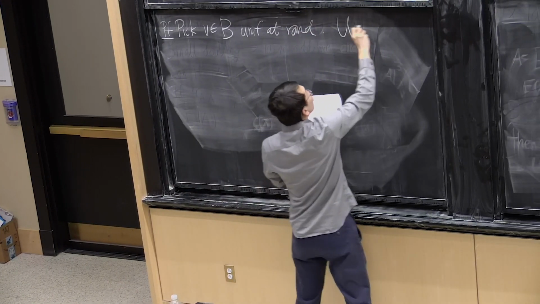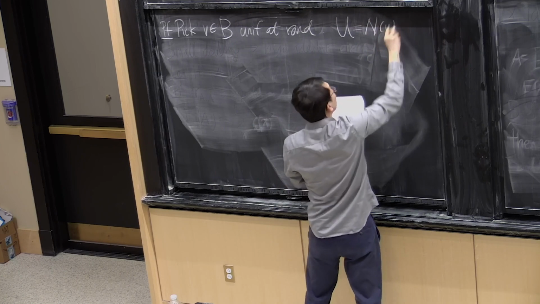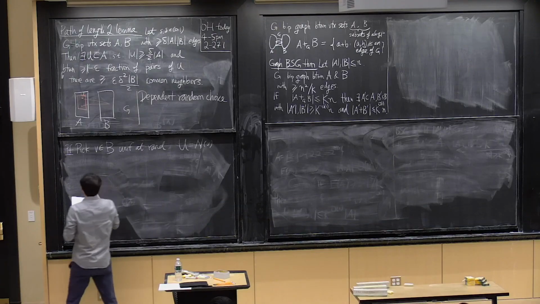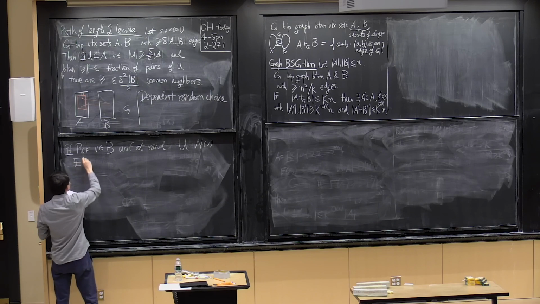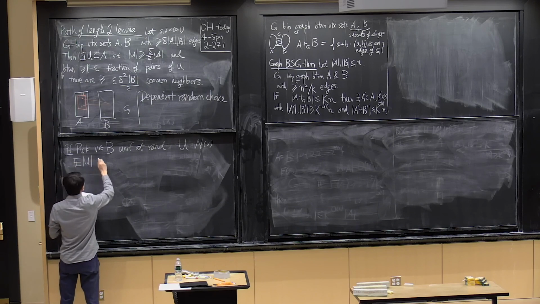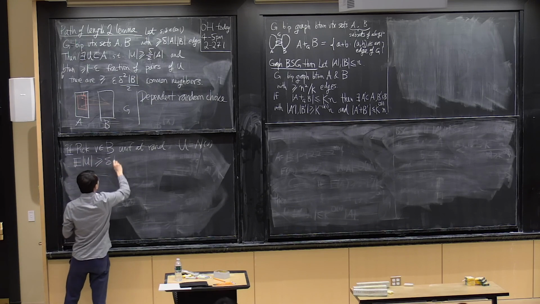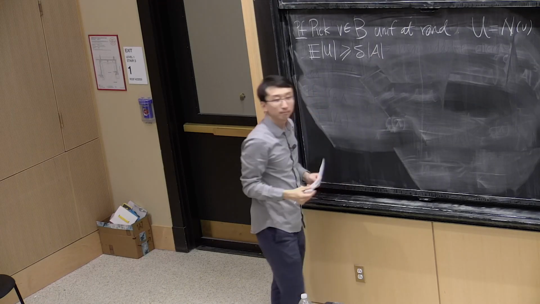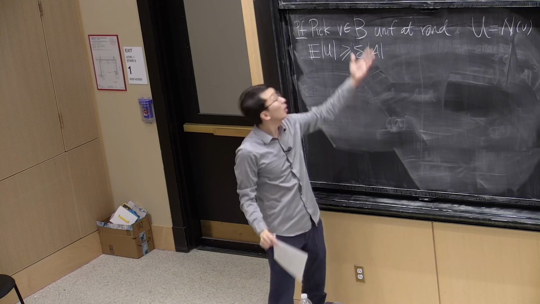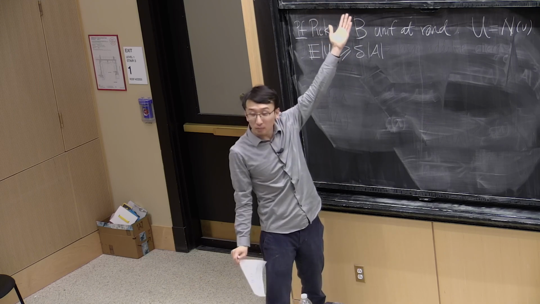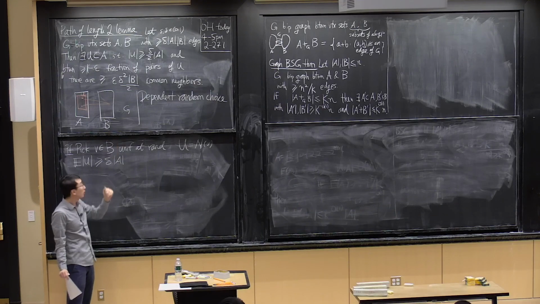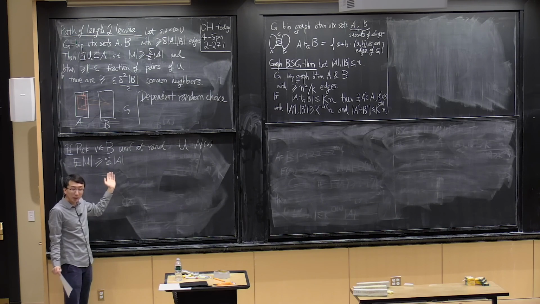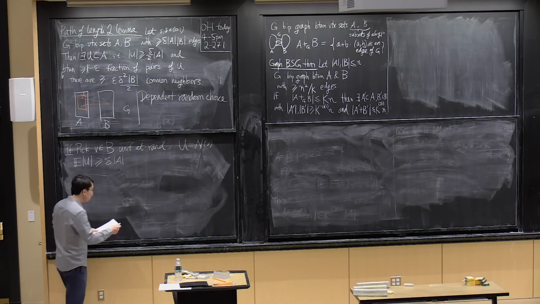And let U be the neighborhood of V. So first of all, by linearity of expectations, the size of U is at least delta of A. Okay, so because the average degree from the right, from B, is at least delta A, just based on the number of edges.